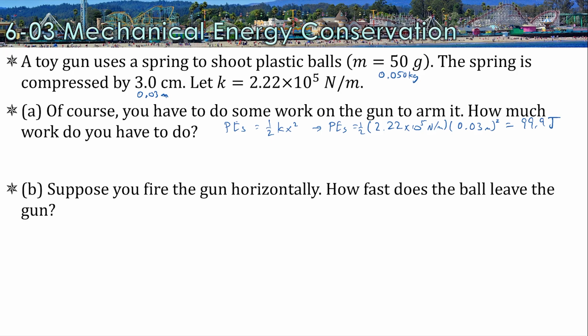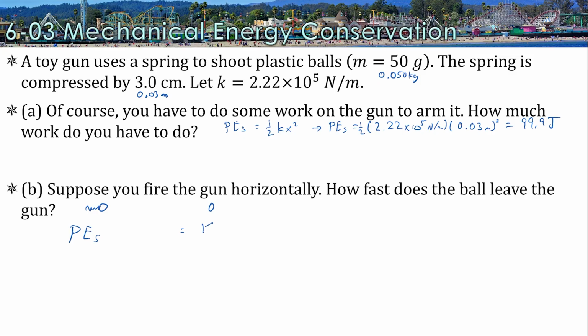Suppose you fire the gun horizontally. How fast does the ball leave the gun? Well, at the beginning, we have the spring with the ball. Afterwards, the ball is just moving. So initially, we have spring potential energy, and that's all the energy we have at the beginning.